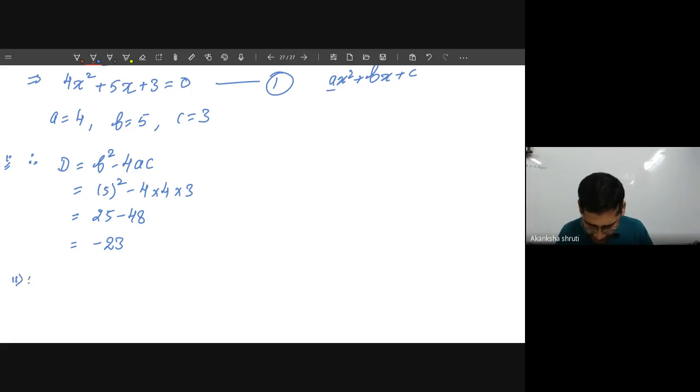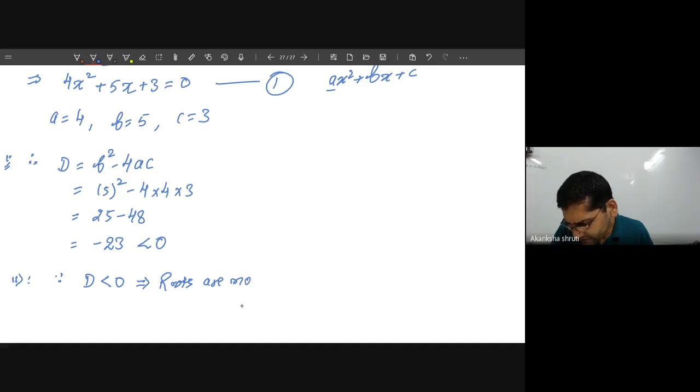So the second part is that, since this D is negative, it is written in symbol form as less than 0. So here you can write D is less than 0. This implies roots are not real. So when the roots are not real, there is no need to calculate.